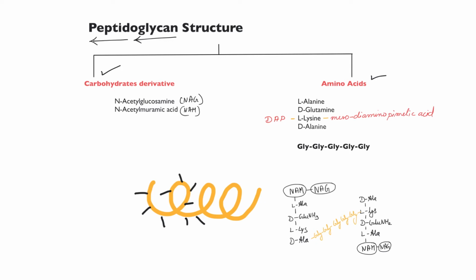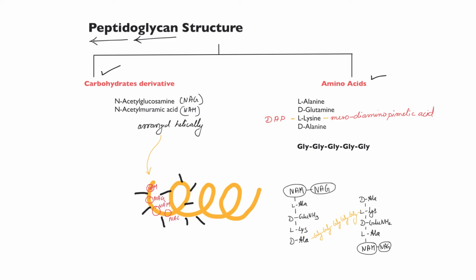These are found in alternate fashion and arranged helically, right? So you can assume this yellow string to represent the NAM and NAG chain. If I want to represent it, I can write NAM, NAG, NAM, and so on.